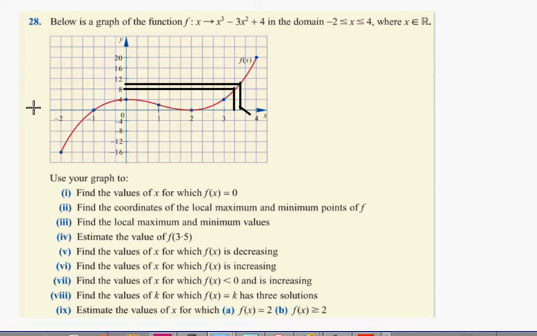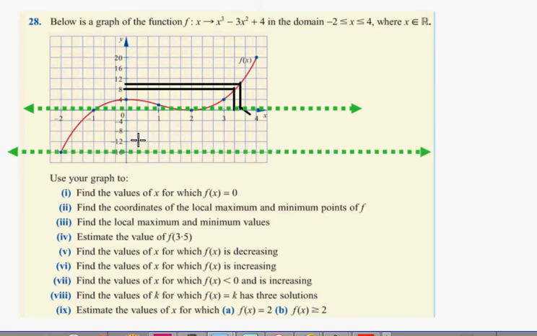So in effect, this question has a small range. It's only allowed in the green box. And then it says it also has to be increasing. Well, it's increasing from here to here. And that is going to be -2 is less than x. X has to be less than -1.